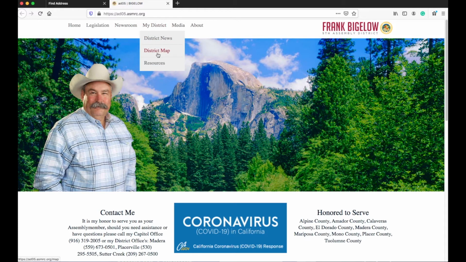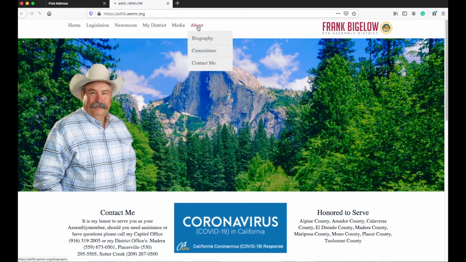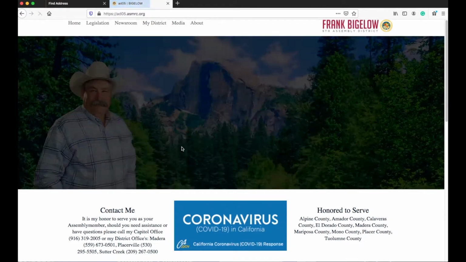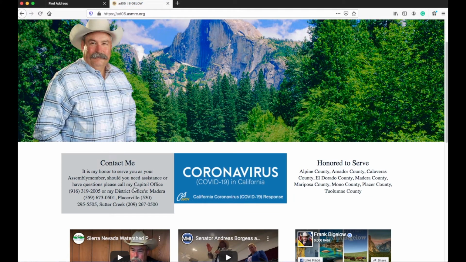It has a district map. Most of this information is on the website of each and every state senator and state representative, assembly member. You can also find out about this legislator. They all have a summarized biography that tells you a little bit about the individual person. But they also have some really important information about how to get a hold of them, contact information.